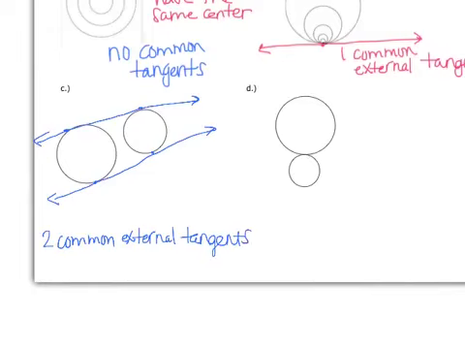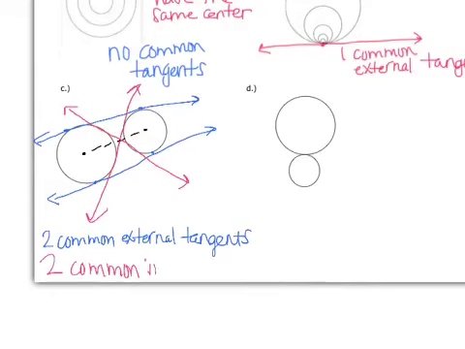And then we have two common internal. So it touches one there, one there. And that would intersect that segment that joins the center. So there's one, but then we can go the other direction. There's the other. So those two red ones are the two common internal tangents.